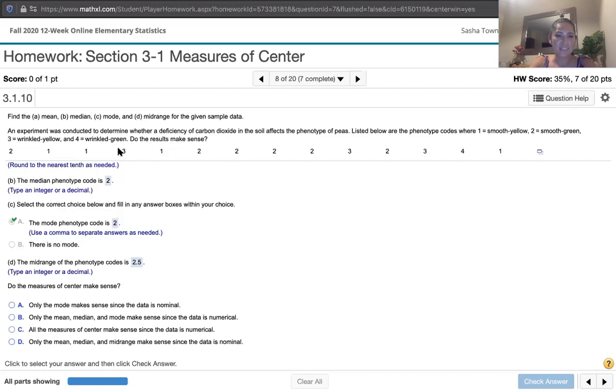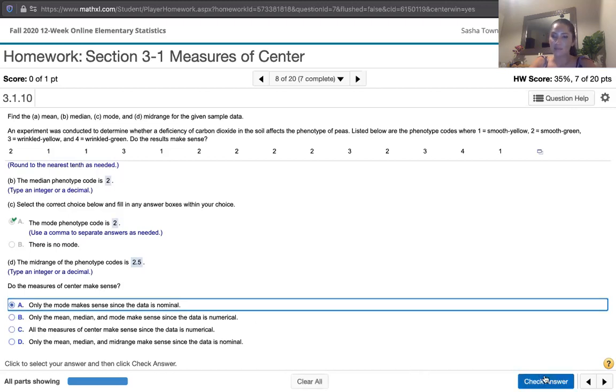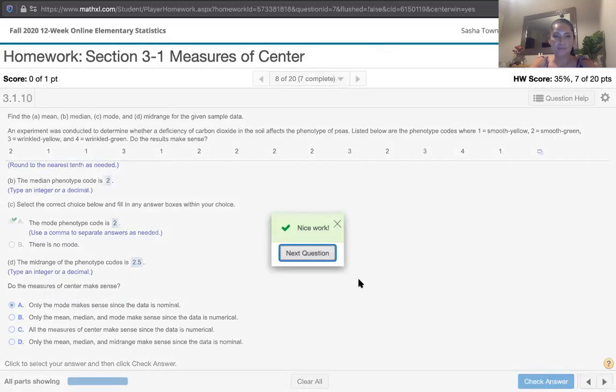So this is definitely nominal data, and it really doesn't make sense to compute a mean, median, and mode with these numbers that are standing in for names. So the only measure of center that makes sense with nominal data is mode. That's the category that appears the most often. So only the mode really makes sense. And that's it.